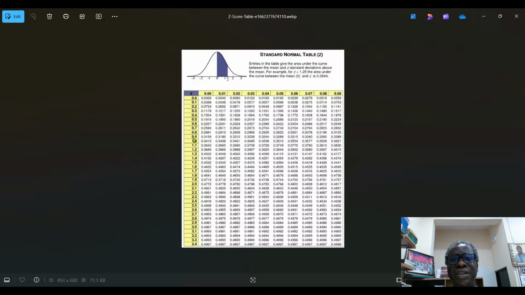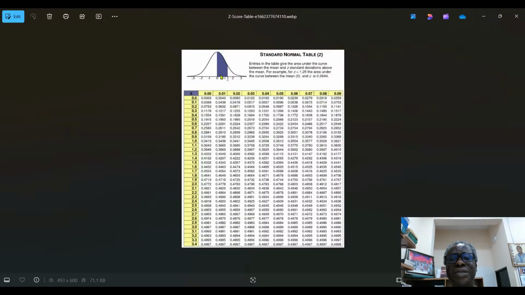So for instance, if I'm interested in the proportion of the shaded area from 0 to 1, then I come to Z equals 1. This is it. So I have that to be 0.3413. Let's say I want between -1 and 1.